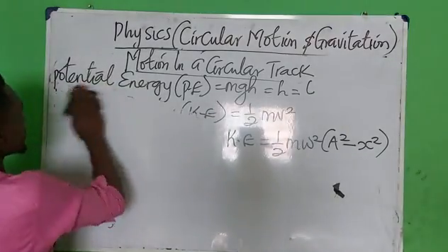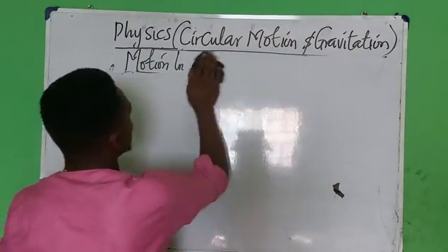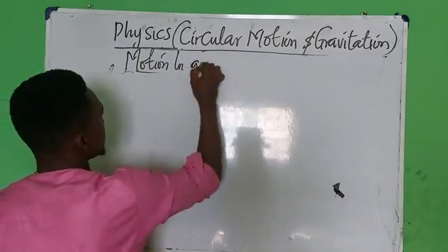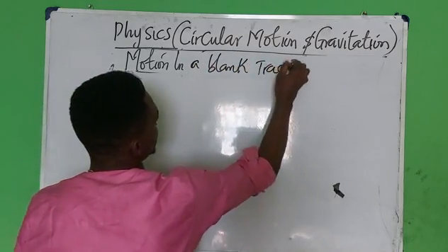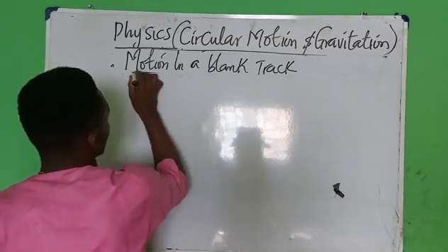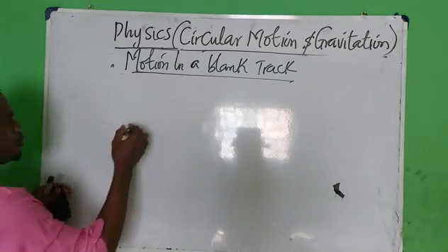Alright, so the next one is motion in a banked track. Motion in a banked track. I'll use a diagram to deduce my formula as usual.